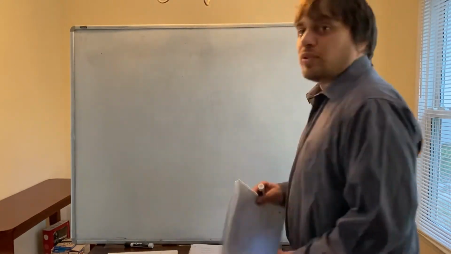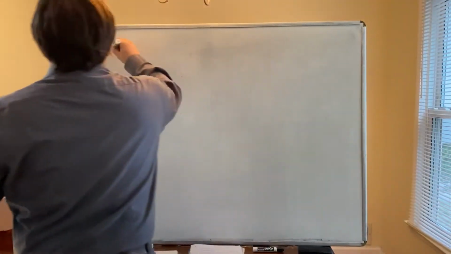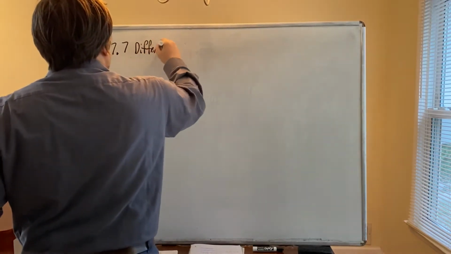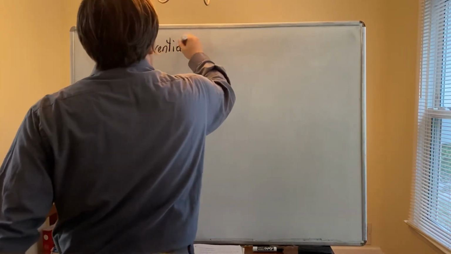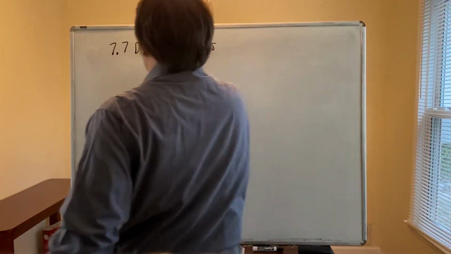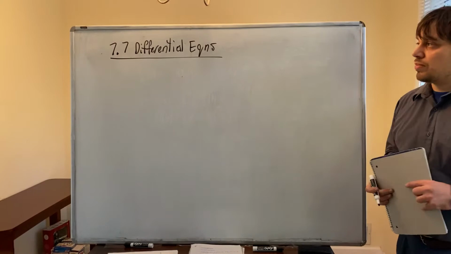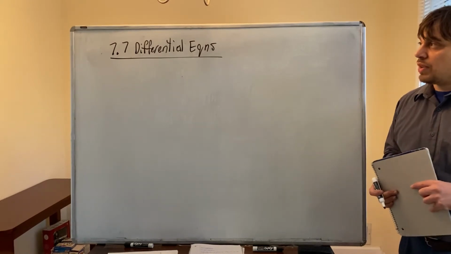All right, so that's 7.4, so next is 7.7. 7.7 is differential equations. This is the last section in the course, well, for this chapter.